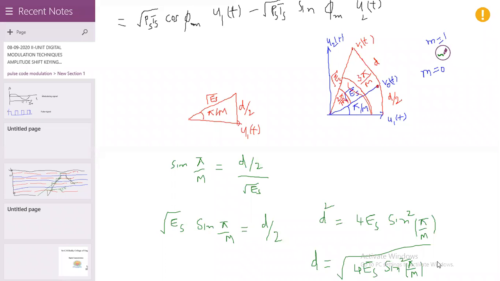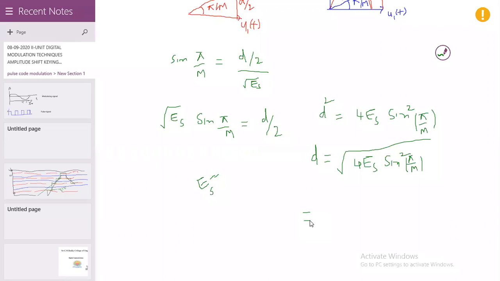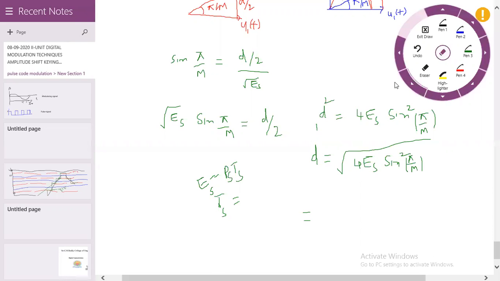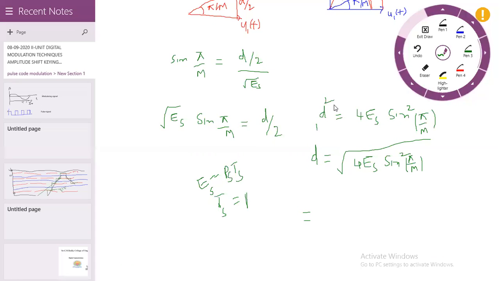Here we can substitute what is Ts. Here Es is equal to Ps into Ts, where Ts is equal to n into Tb.